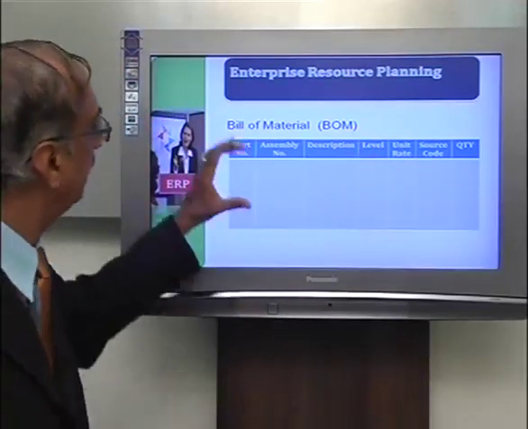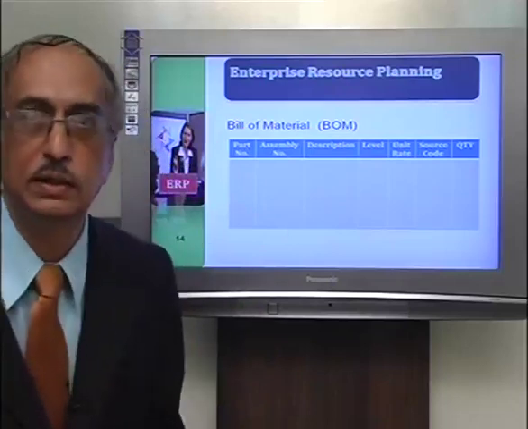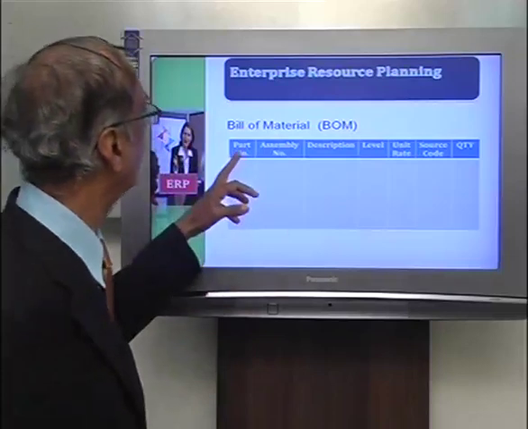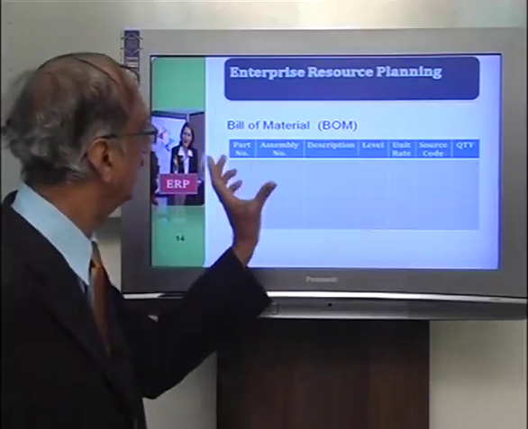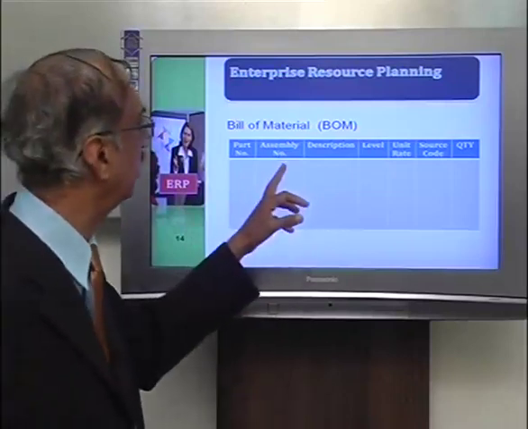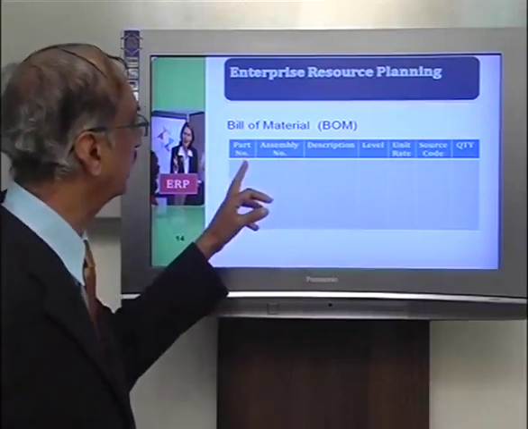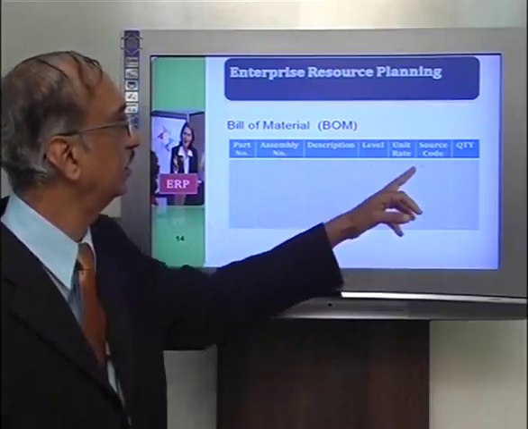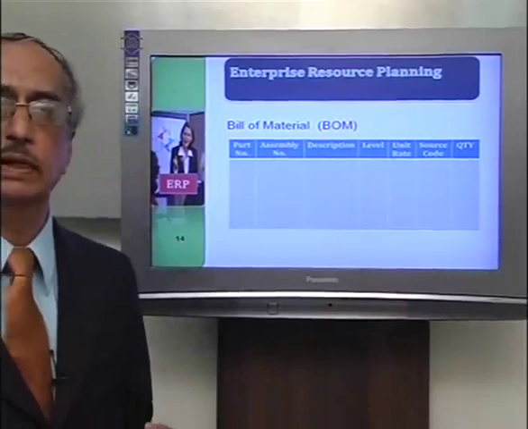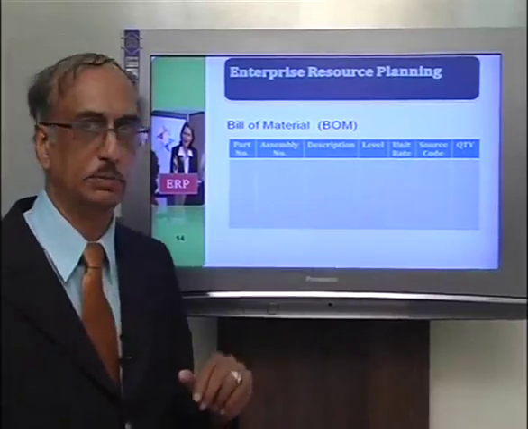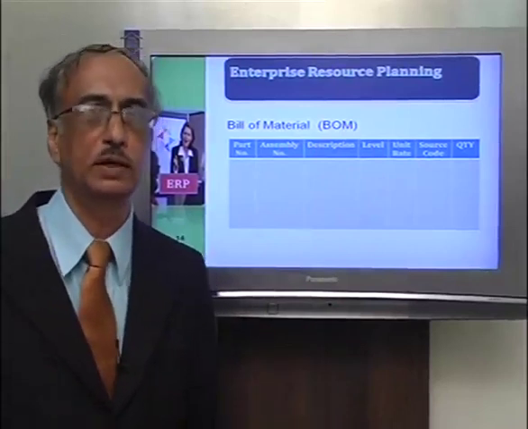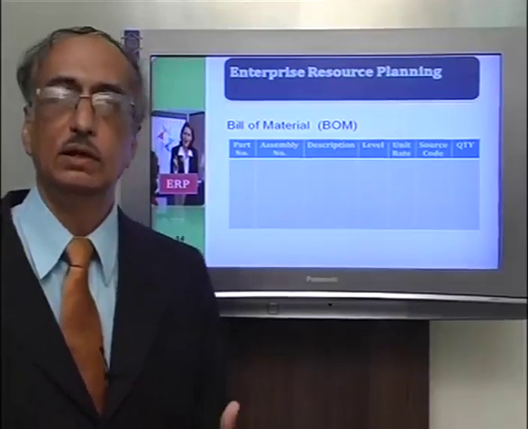Before that, I'll come to the source code. The most important part in the bill of material is the source code. Now what is source code? The source code tells from where that particular part is procured. It has source codes 1, 2, 3, 4. For example, source code 1 means import: I am importing that part. If I am purchasing that part, it is source code 2.